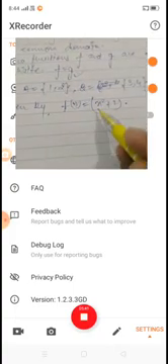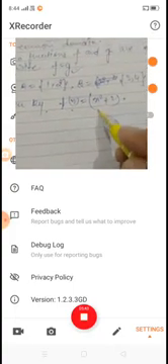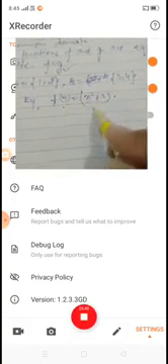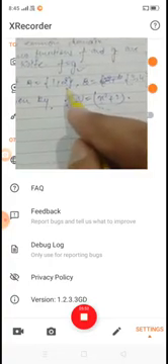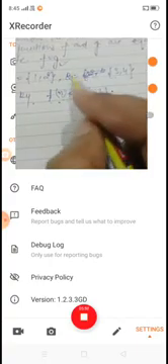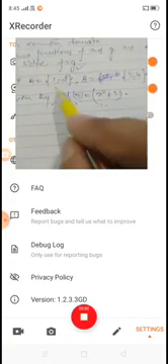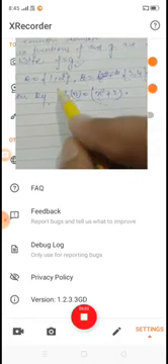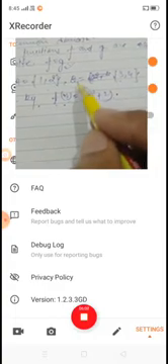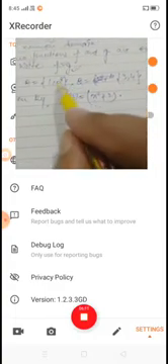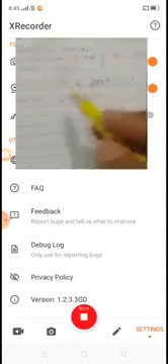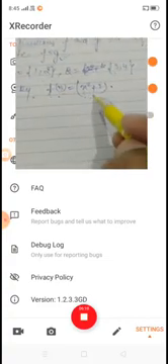Let's see if this is a function or not. If we put x is equal to 1, then we get f of x is equal to 3. If we put x is equal to 2, then we get f of x is equal to 6, which is not in B. So every element of A is associated to an element of B, and an element of A has a unique element of B. So f is a function from A to B, with f of x defined by x square plus 2.